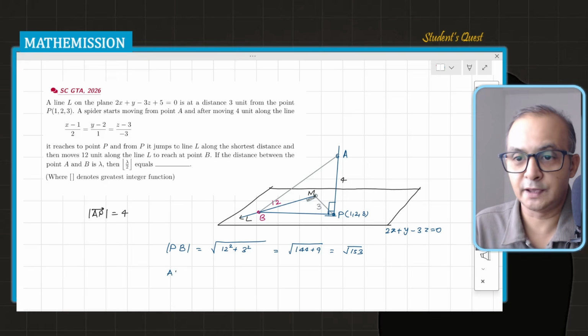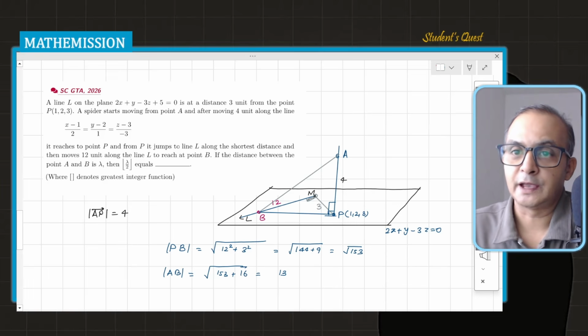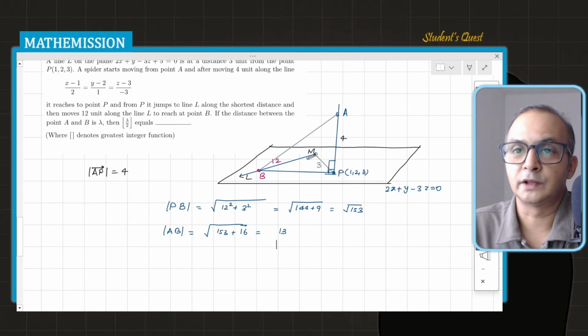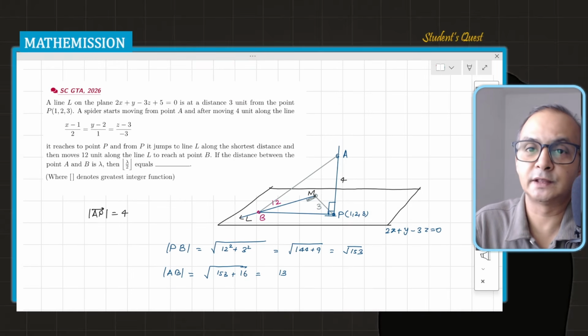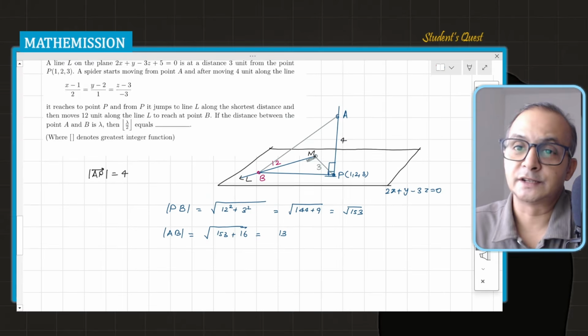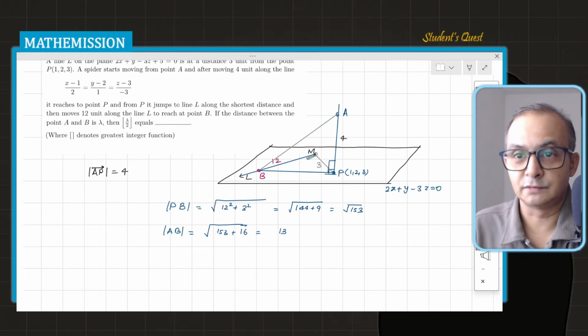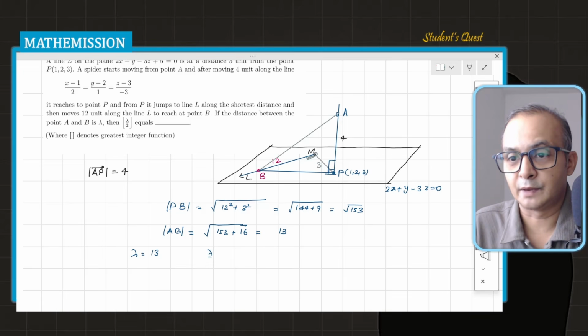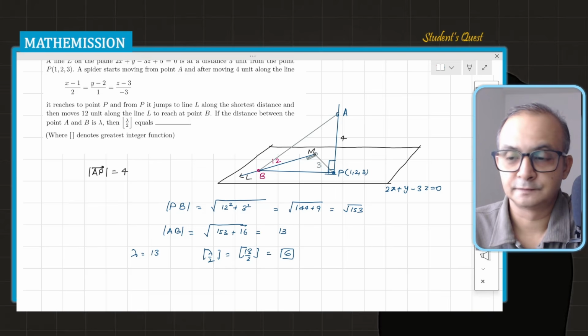So AB magnitude is, this length already found, 153 and then 16. Wow, it became 169, so the AB length is 13. They're asking, if the distance between A and B is lambda, then the greatest integer of lambda by 2. Lambda is already 13, so the greatest integer of lambda by 2 is 6, and that should be the answer.